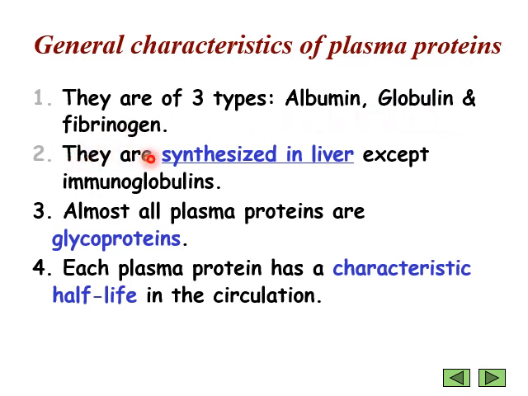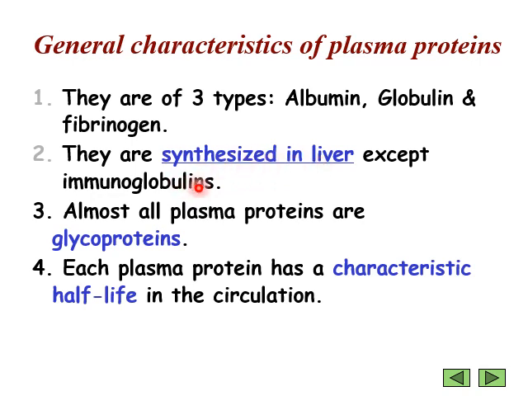They are all synthesized in the liver, meaning all the plasma proteins are synthesized in the liver except gamma globulins. Gamma globulins, which we also call immunoglobulins or antibodies, are not synthesized in the liver.